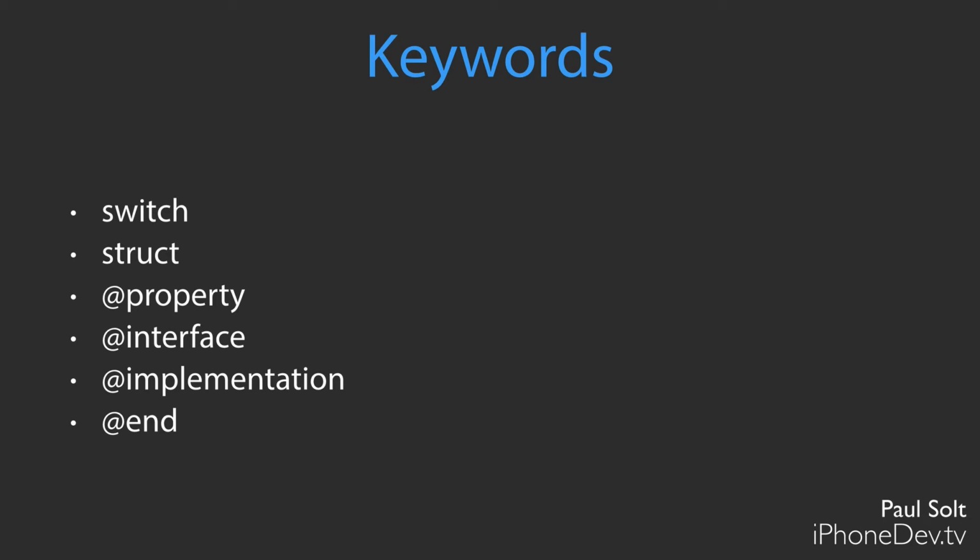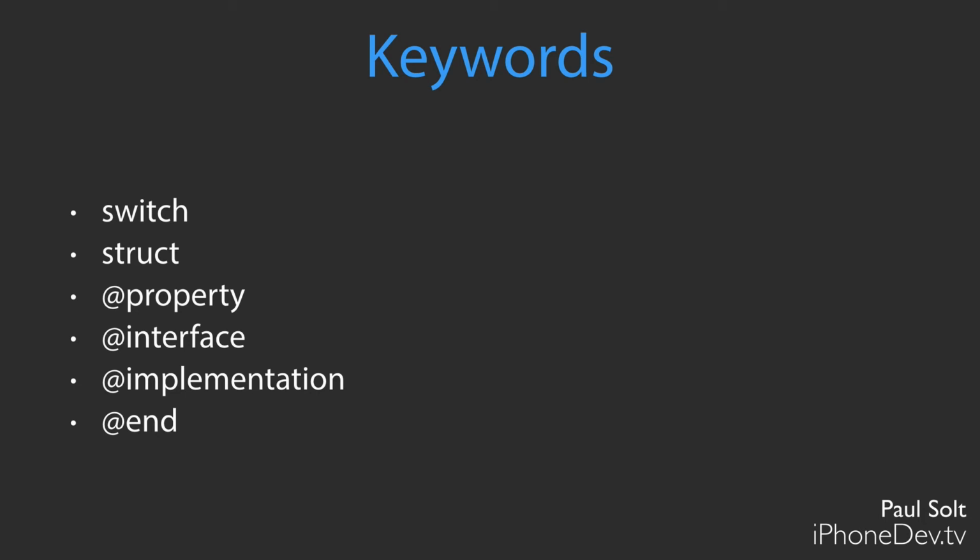Interface is used to create a new class in Objective-C, and implementation is also used to create a new class. The interface command normally goes in the .h file, and the implementation keyword goes in the .m file.